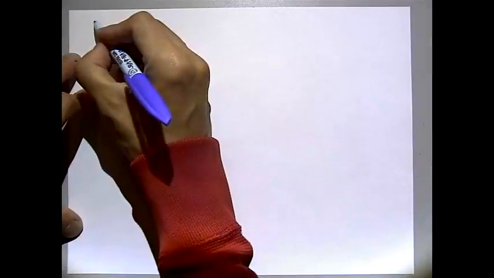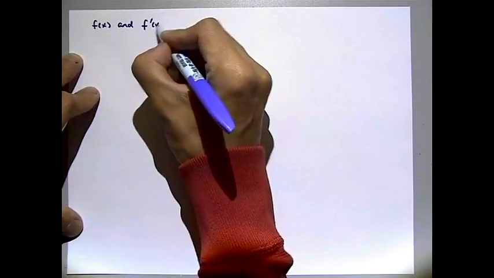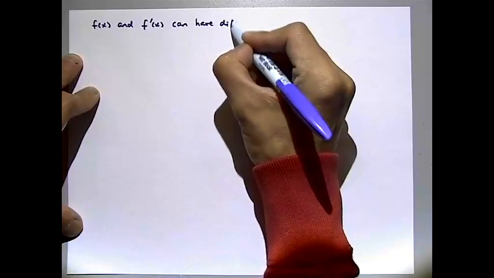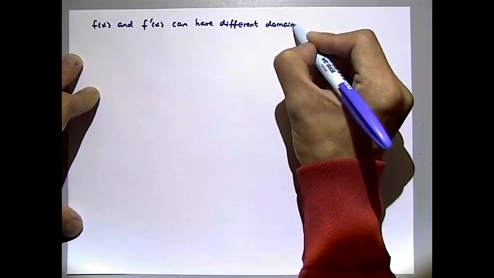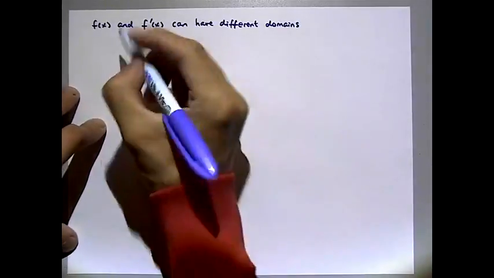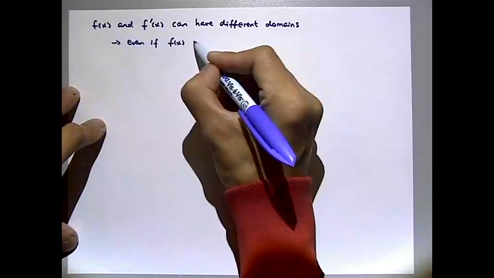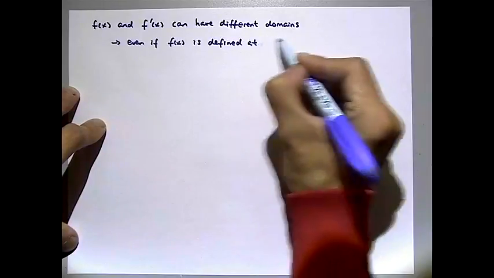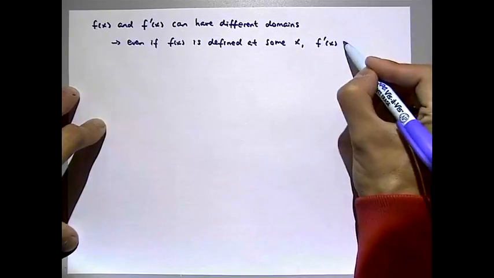Now let's get back to the point I raised earlier. Remember that f and f prime can have different domains. And this means that even if f is defined at some x, f prime may not be.